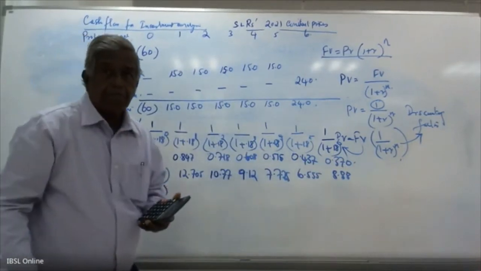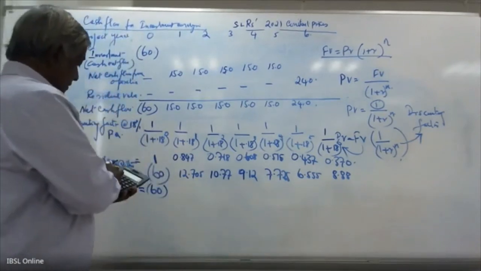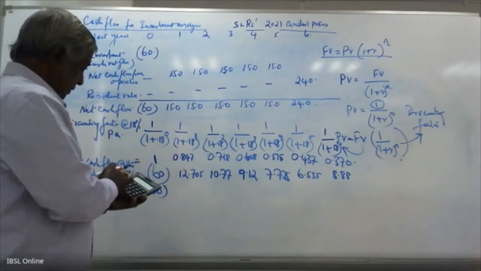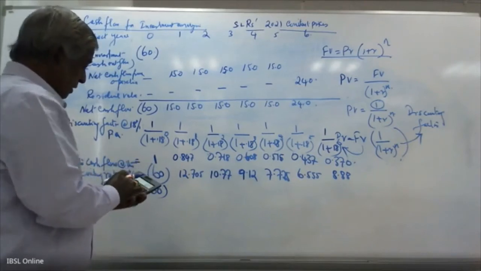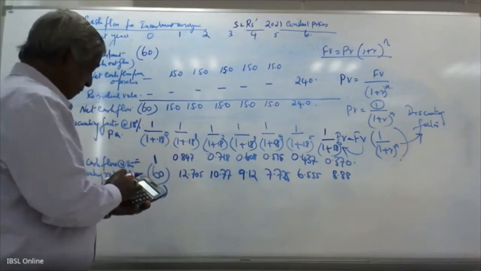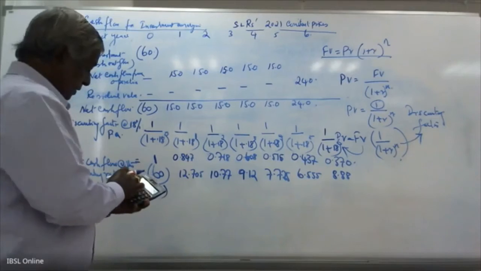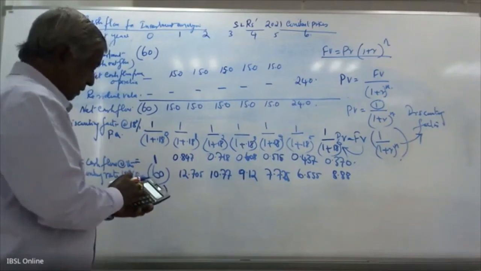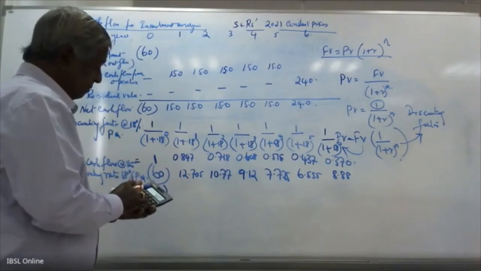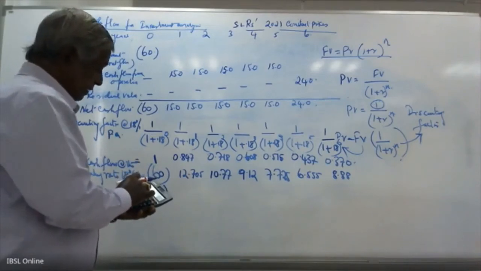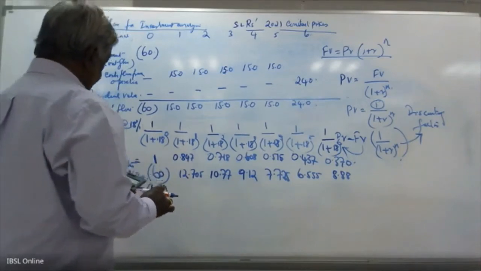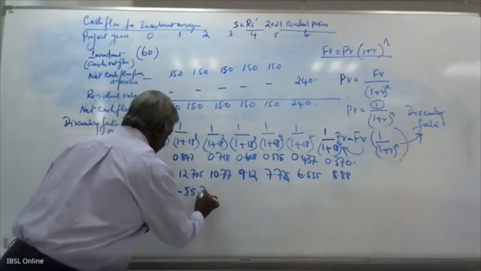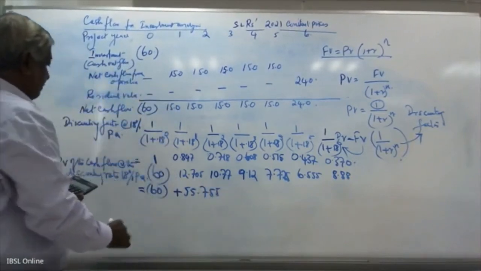60 in 12.705 plus 10.77 plus 9.12 plus 7.725 plus 6.555 plus 8.8888 plus 55.755. 55.755.